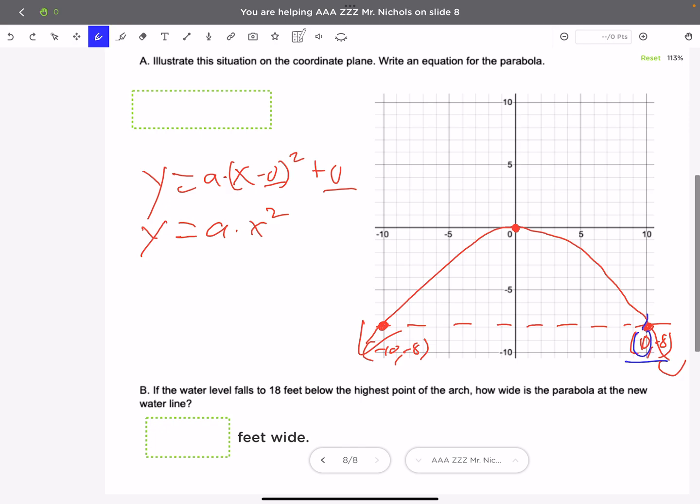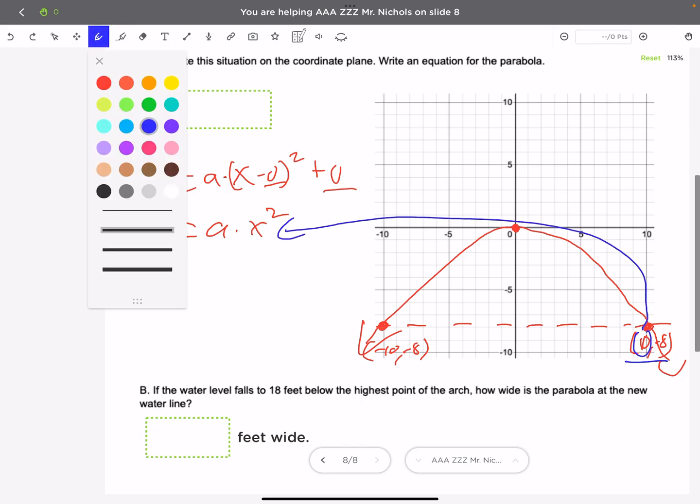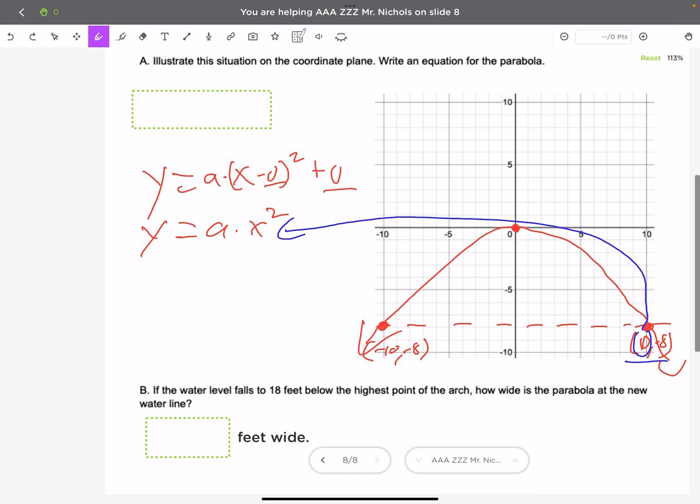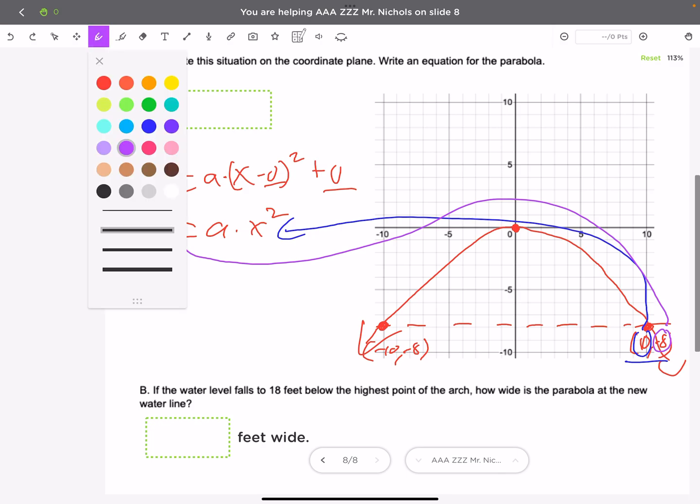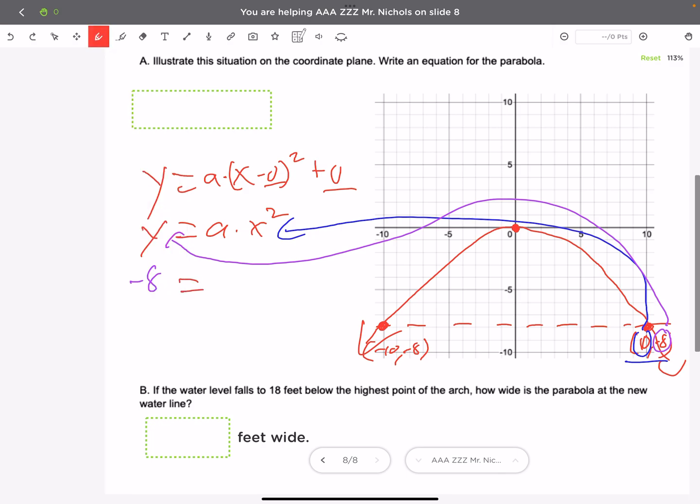And I take the 10 and I plug it into x. And I take the -8 and I plug it into the y. And so I get -8 is equal to a times 10 squared.